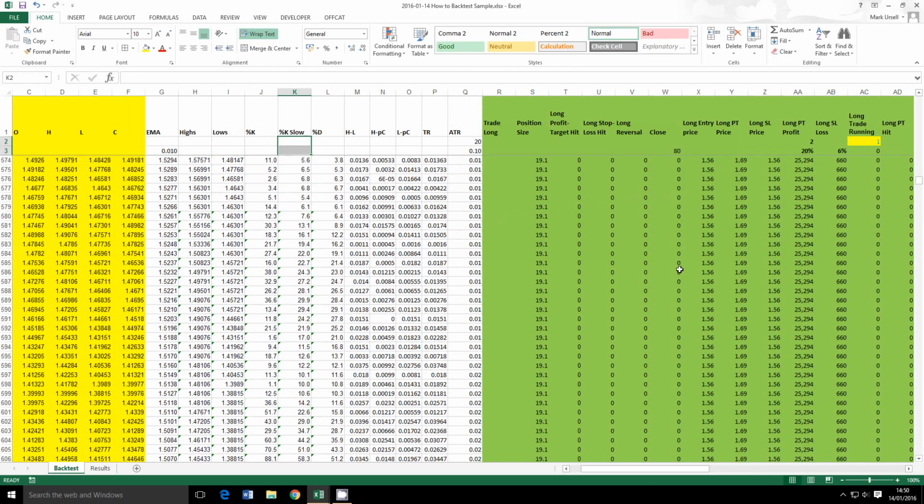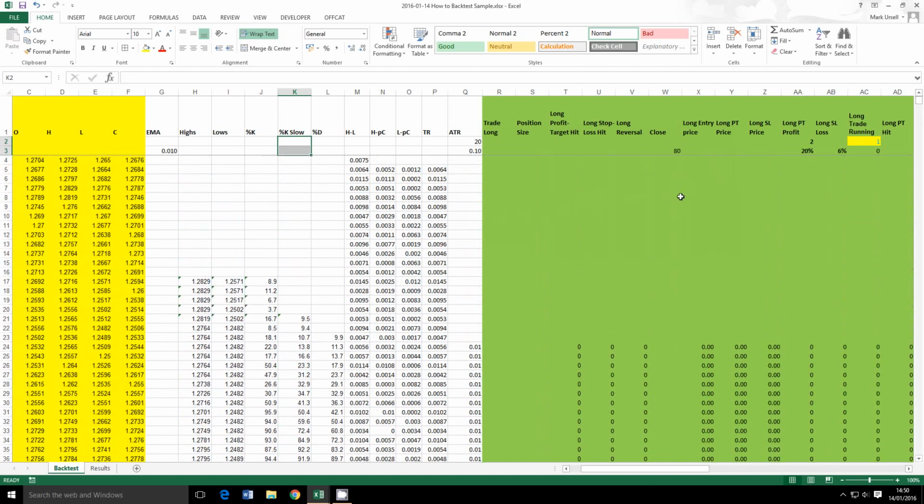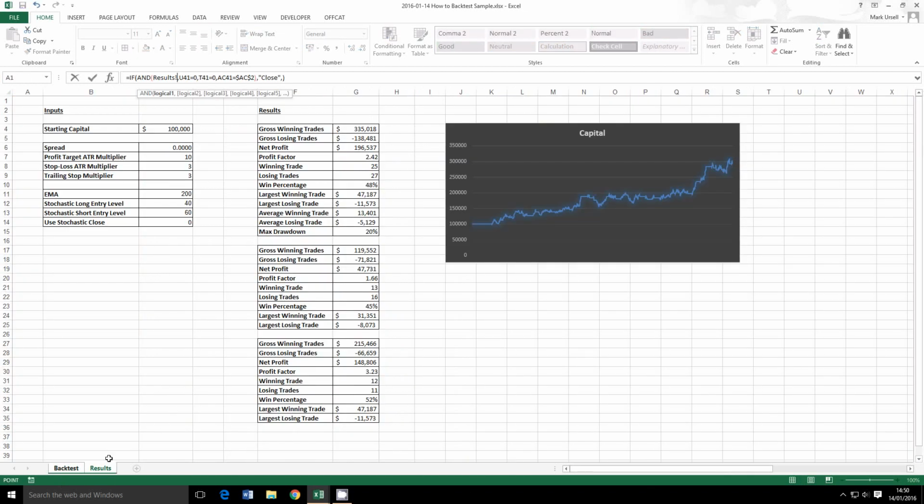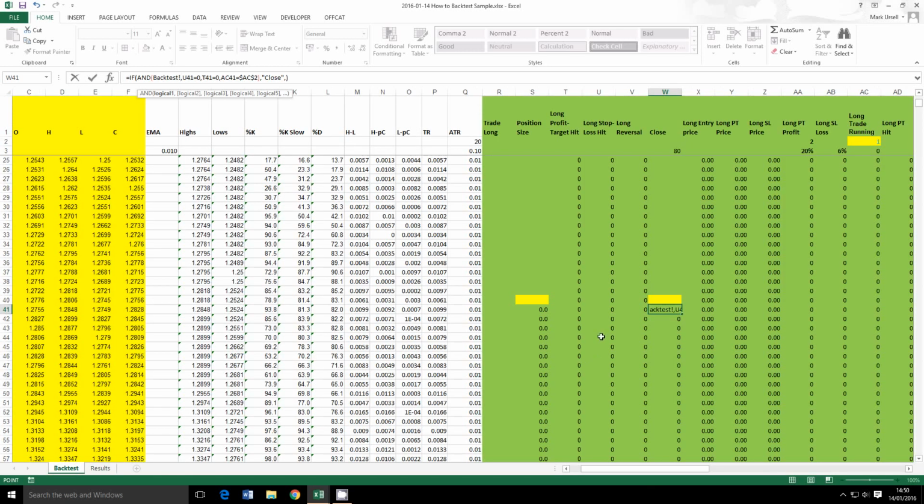We can also, in any spreadsheet, and certainly in a trade-informed spreadsheet, have different ways of closing the trades. We can use a stop loss or a profit target, or we can use the stochastic oscillator itself to close the trade. It's quite easy to do this. Just to demonstrate it, we're looking at long trades here, so I'm going to say if the stochastic moves from a value of 20 up to our short entry level of 80, close that trade.